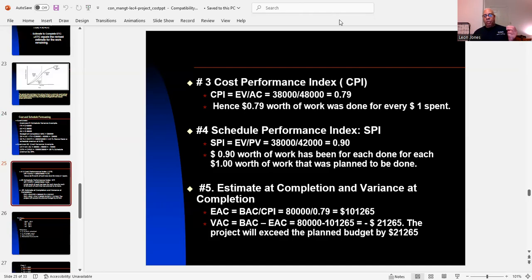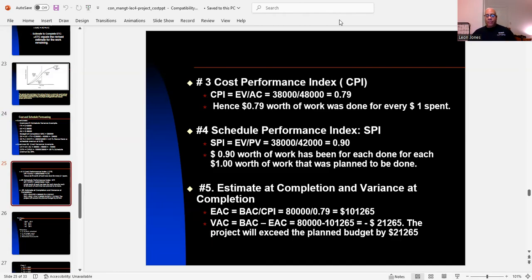That means 90 cents worth of work has been done for each dollar worth of work that was planned to be done.